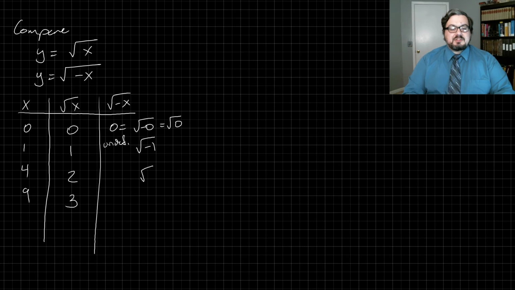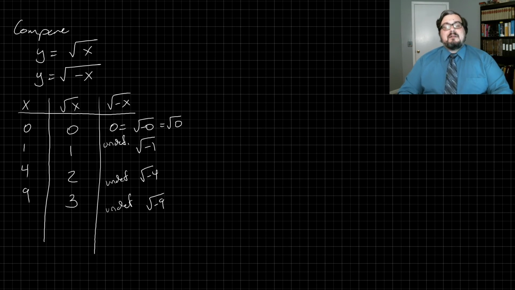And similarly, the square root of negative 4 is undefined. The square root of negative 9 is undefined. Now, we have, of course, written these numbers as i, 2i, 3i earlier, but for the moment, when graphing functions, we're only interested in real number outputs of these functions.